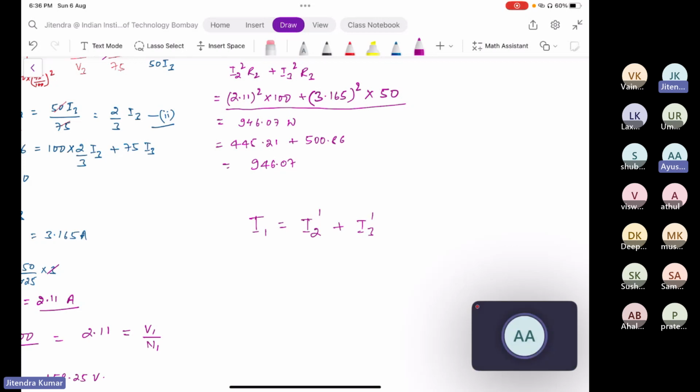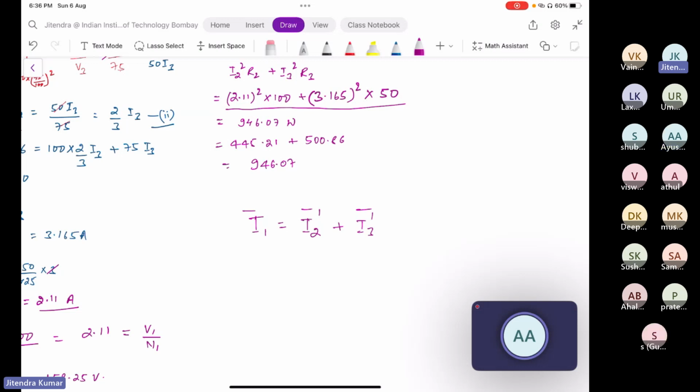From this concept, you want to calculate the magnitude of I1. Yes, sir. Please help me.